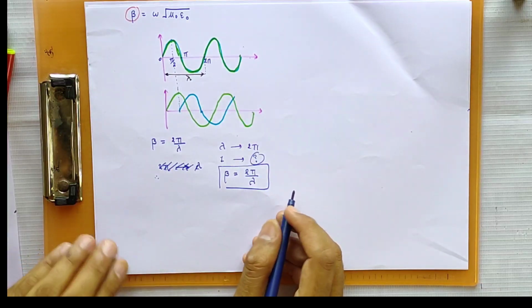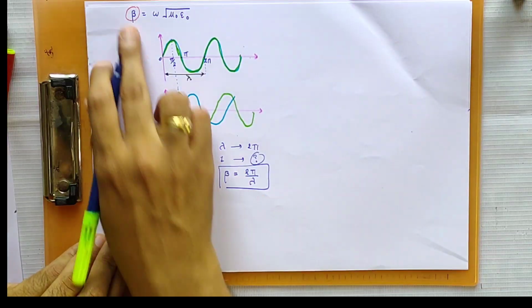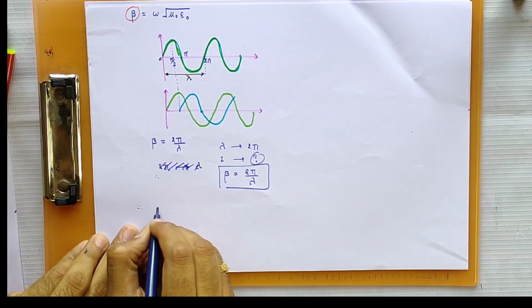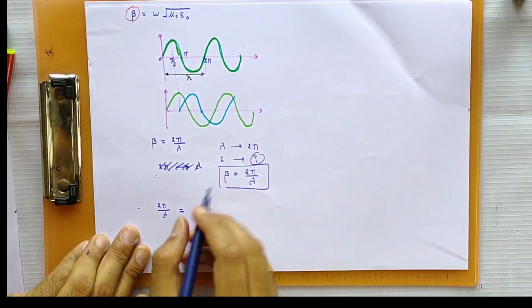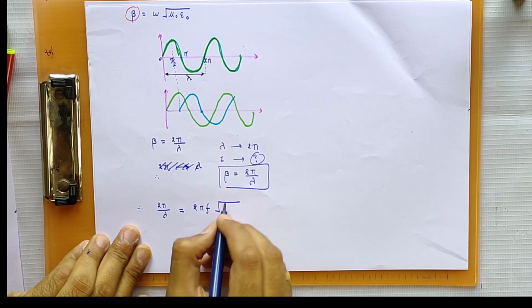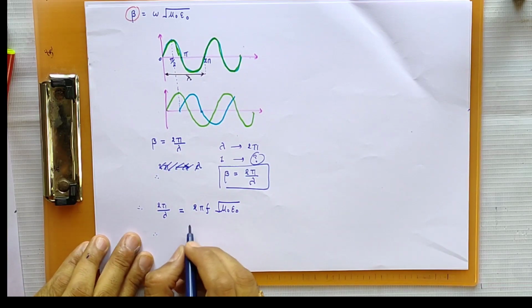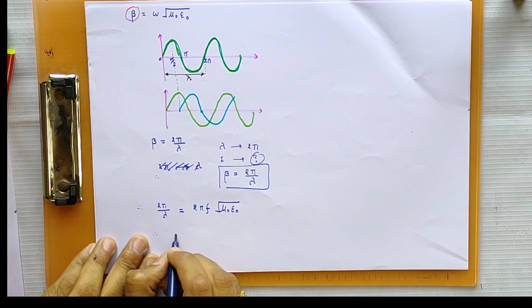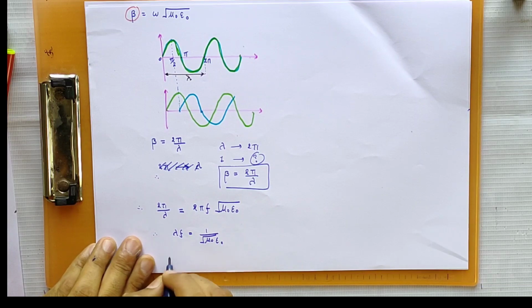I will write the same thing here. Beta means 2 pi by lambda is equal to omega under root of mu 0 epsilon 0, and we know omega is 2 pi f. The 2 pi cancels out, so lambda into f is equal to 1 upon under root of mu 0 epsilon 0.